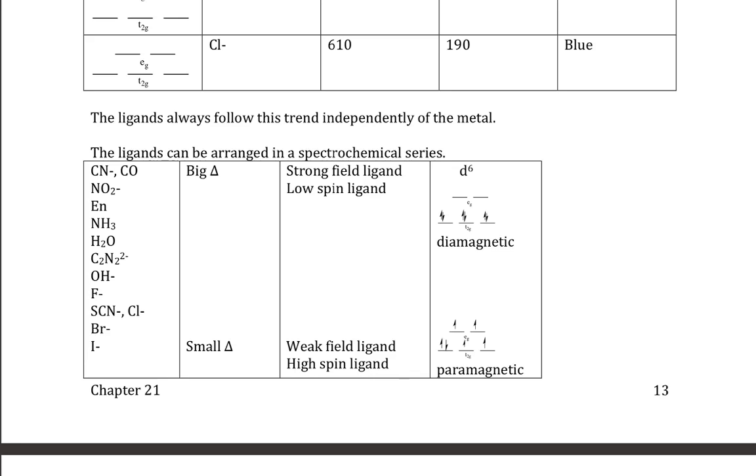Okay, the last column of that table has us working with a central metal that has the electron configuration d6.